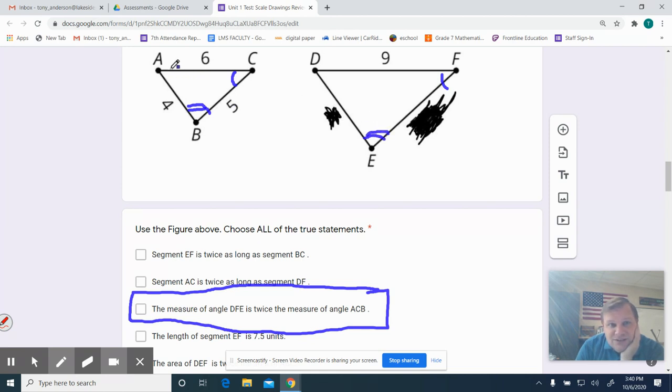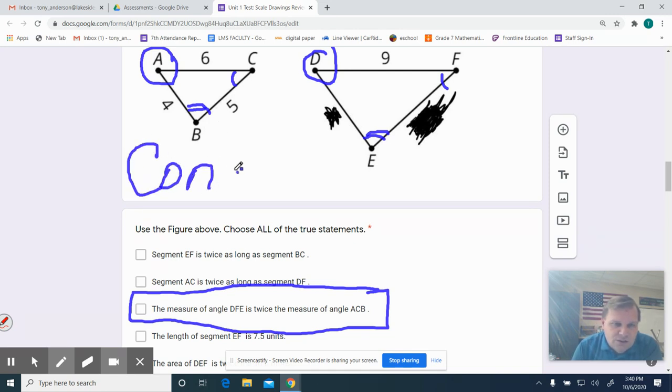And then these last two right here, I'm just going to circle those. Those all correspond, okay? Corresponding angles in scale copies are always congruent. Congruent means they are always the same size, okay? So that means this angle is the same size as this angle.